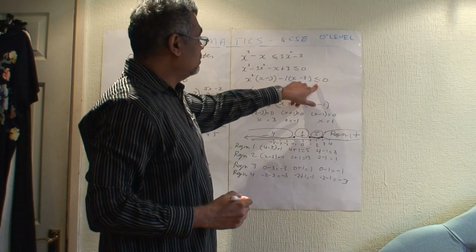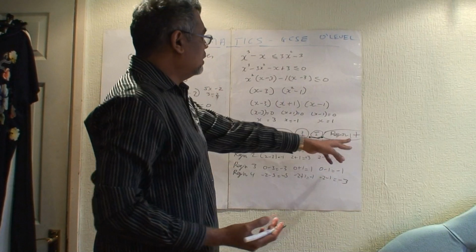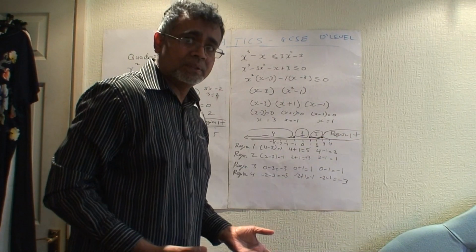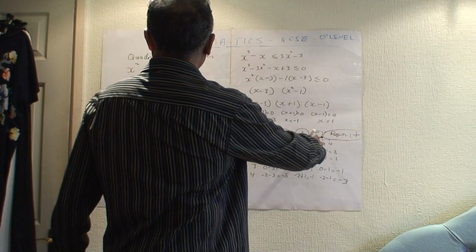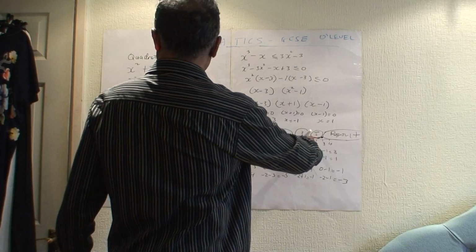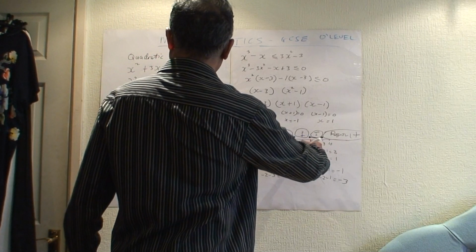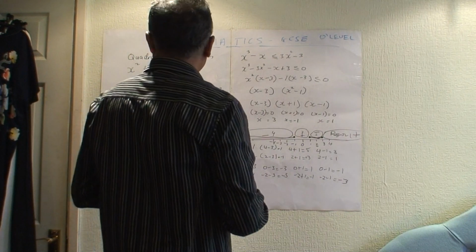If it said greater than or equal to 0, then we would look at the positive regions. But in this case we're going to look at the regions that are negative.